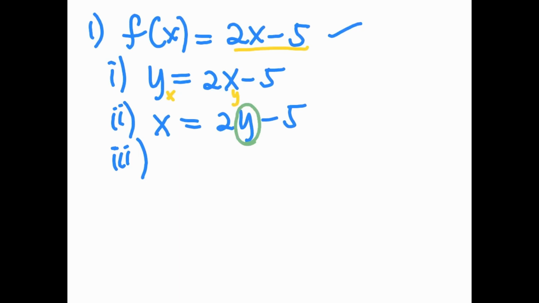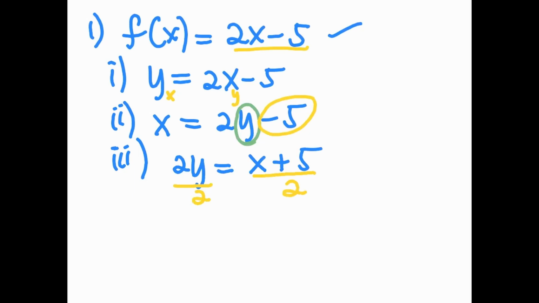Doing so, we'll now transpose this negative 5 to the other side, and it will of course become positive 5. Hence 2y will then be equal to x plus 5. And dividing both sides of the equation by 2 to isolate the variable y, we have 1 on the left.